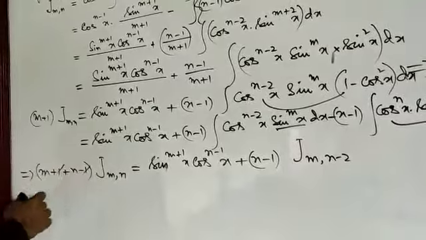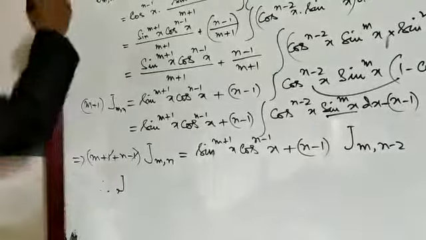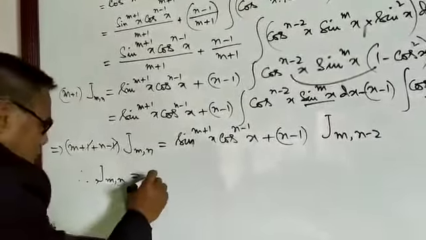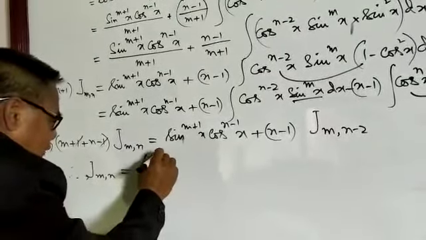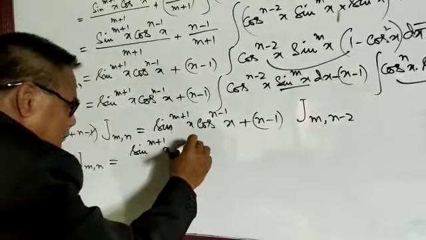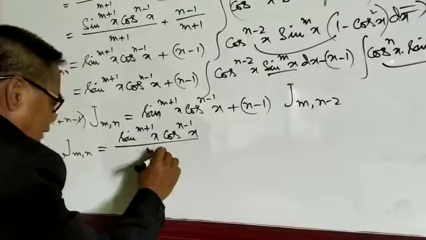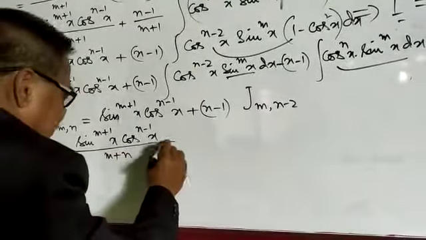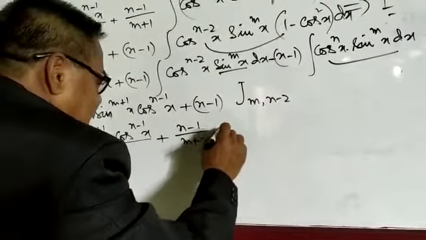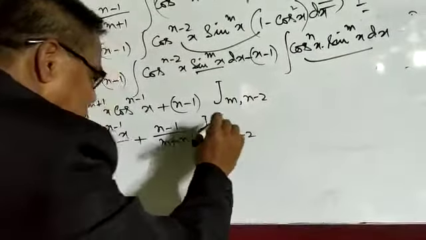Therefore, if you want to find the reduction formula for this j of mn, then this will be equal to sine of m plus 1 x cos of n minus 1 x divided by m plus n, plus n minus 1 divided by m plus n, and then this is j of m comma n minus 2.